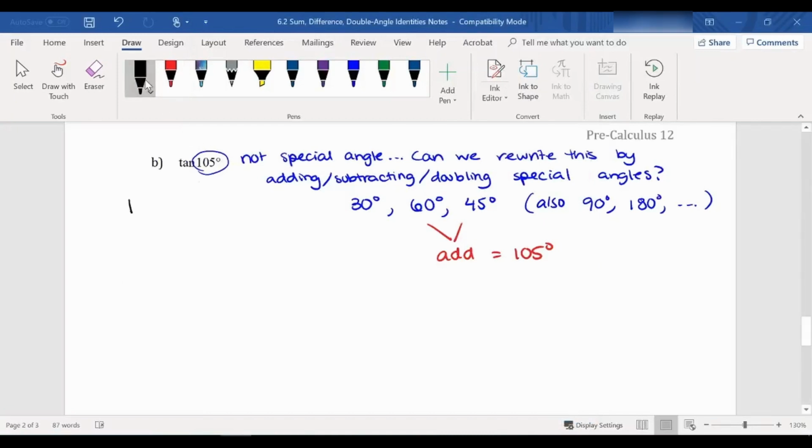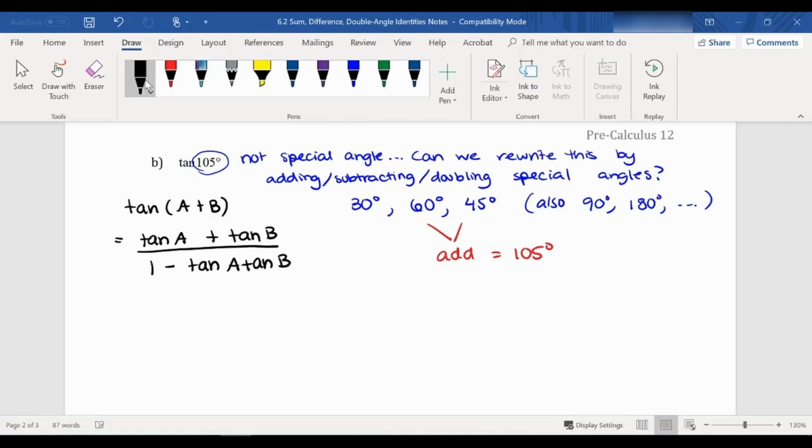So since this is tan of A plus B, tan of A plus B is tan A plus tan B all over 1 minus tan A tan B. And for us, A is either 60 or 45, it doesn't matter, and B is the other one. Okay, now let's rewrite it.